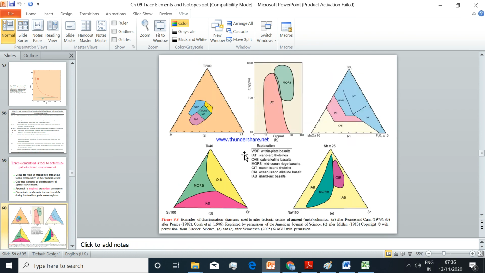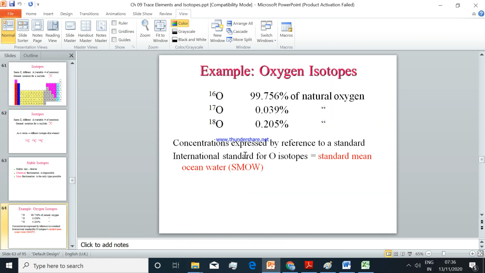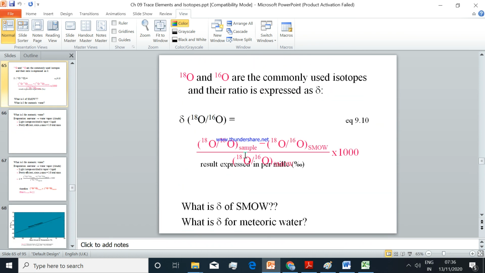So that's where the basic idea of the practicals of geochemistry lies. And this is a very small thing I was trying to tell in the class, that is the delta 18 oxygen value, which is a ratio in terms of standard mean ocean water value, and this is the deviation. The deviation is multiplied by 1000, and this is known as the del value of 18 oxygen.